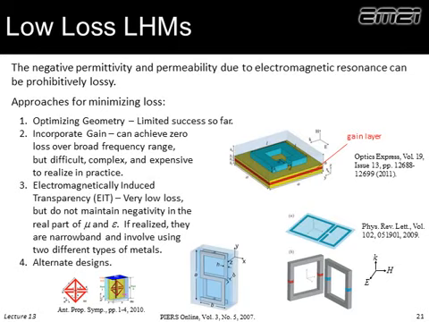Another area which actually is delivering quite a bit of success is incorporating gain. So let's have the losses in the metals and the metal resonators, but let's somehow incorporate into these gain, which will counteract the loss. And I think this leads to a rather complex or power-hungry device. I'd like to do this other ways, but this is definitely working. There's a lot of folks that are delivering quite a lot of success by incorporating gain.